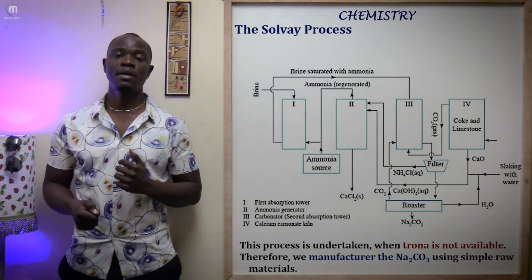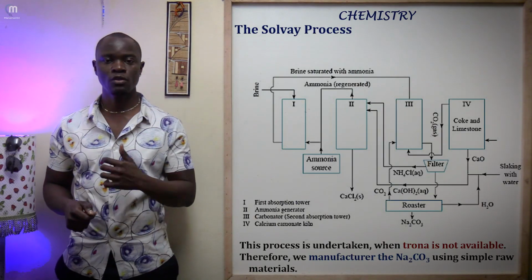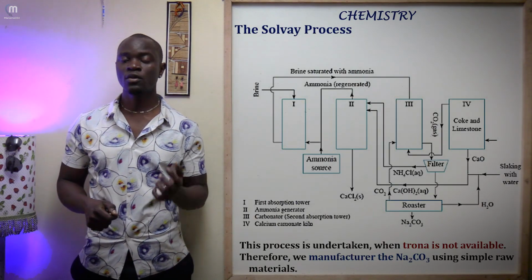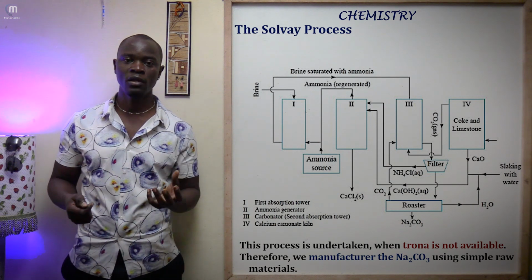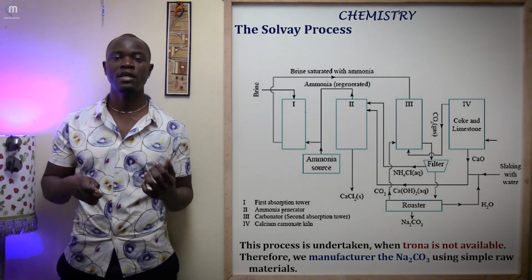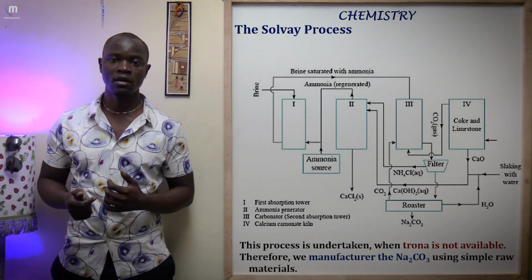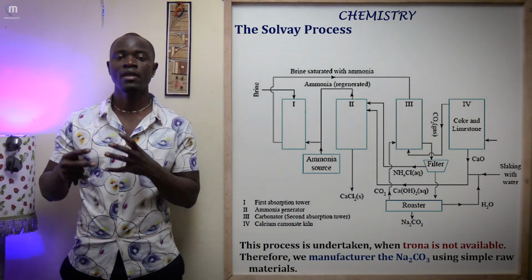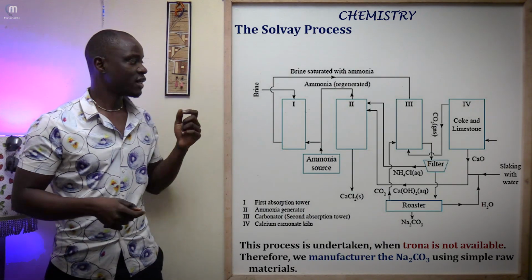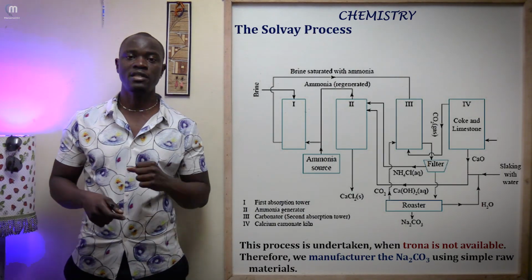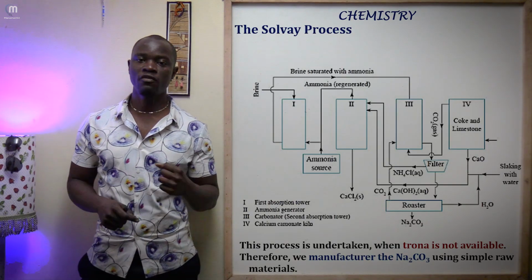We use the different raw materials in the environment to manufacture our own sodium carbonate. As you can see, this is the chart that summarizes the Solvay process.